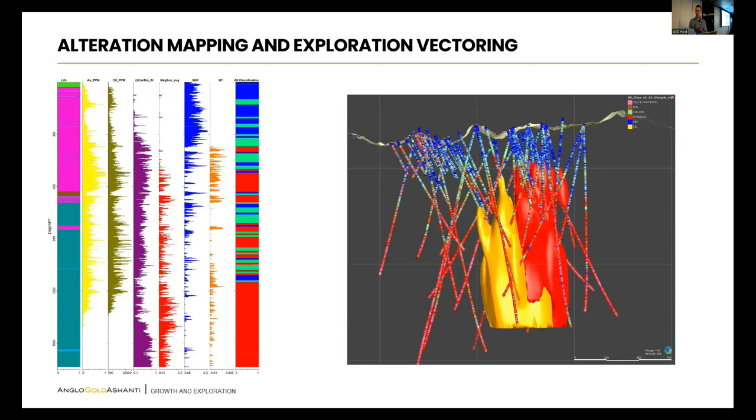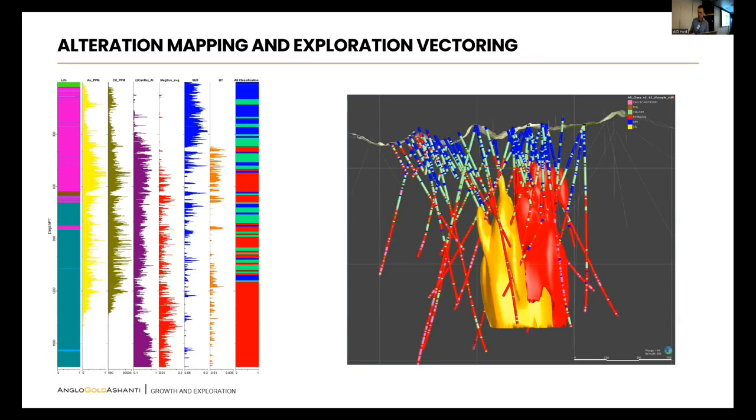And then we selected parameters that best represented the presence or absence of each one of those minerals. You know, for example, MagSus, not surprisingly, was the best measure of magnetite we had. TerraSpec was the best measure of muscovite, and the visual logging was the best measure of actinolite or epidote. All right. So on the right is the resultant alteration classification, the drill traces.